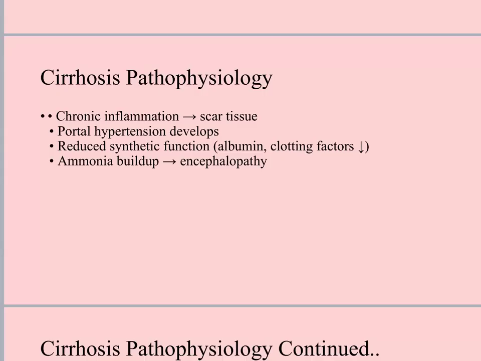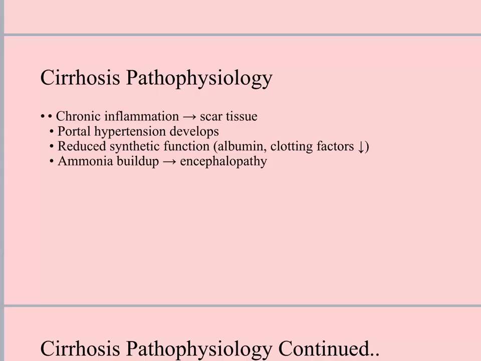Like I said, we don't have the clotting factors the way we should. Ammonia builds up, which is very poisonous, and it literally poisons the brain. That is called encephalopathy, and when it comes from this liver process, it is called hepatic encephalopathy.